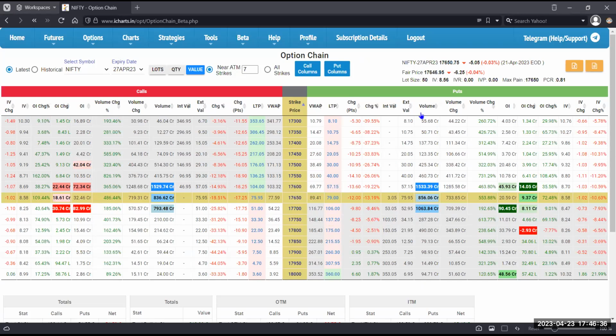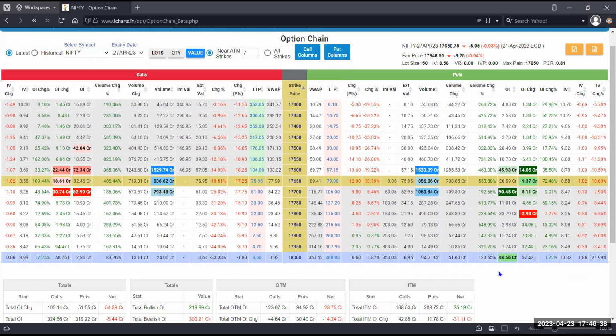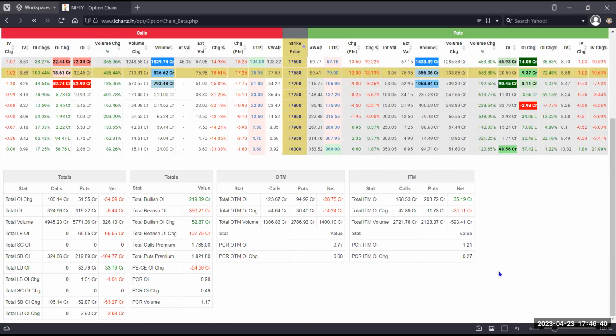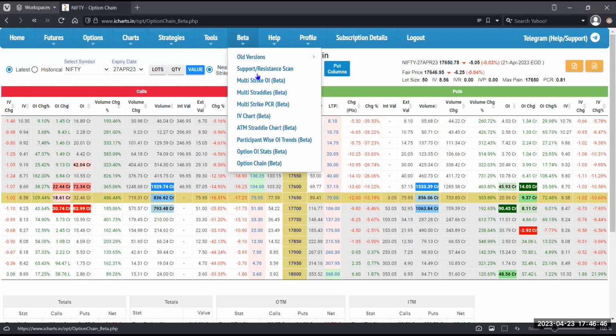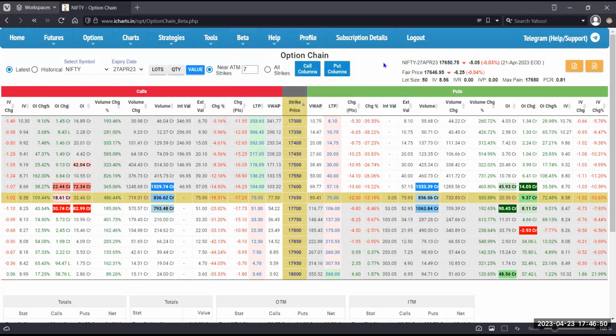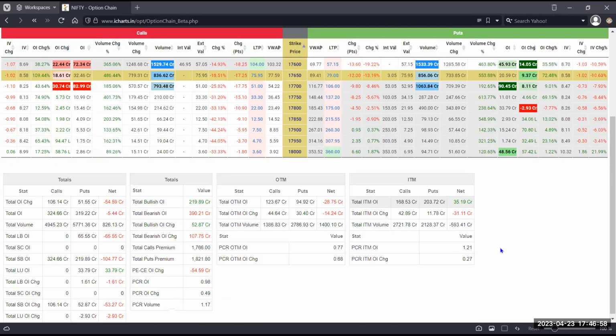You can scroll back and forth over here. That is coming in the next update, but it will take some time. It is first coming in Voice Stats beta, very soon. We are testing that, and once it is tested properly, we'll add that functionality over here.